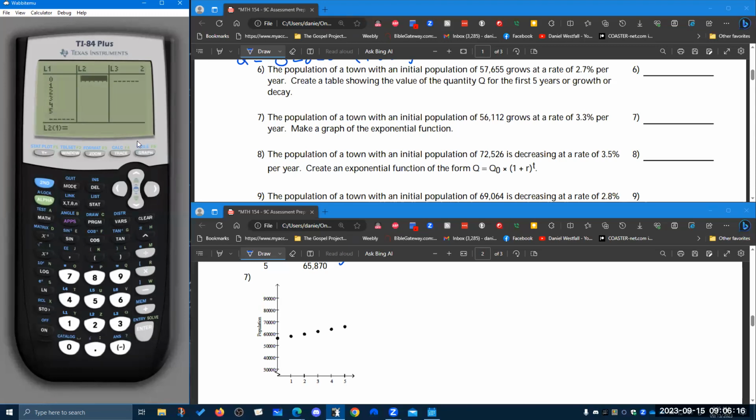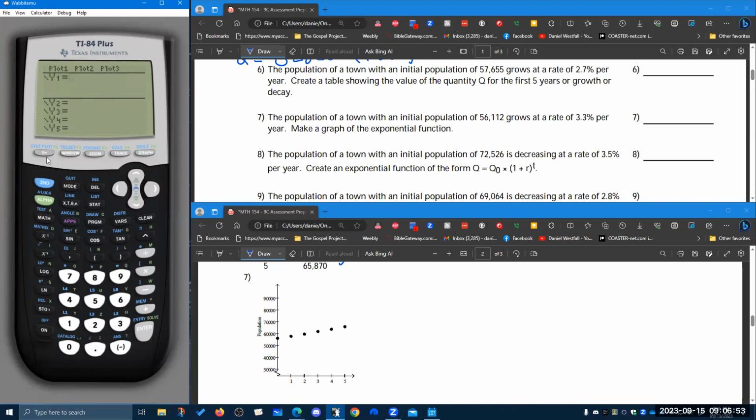And then she came here and used this model of 56,112 times 1.033 raised to the, and now instead of X, I'm going to use the number that's in my first list. That's only going to give me these data points. I'm going to get rid of my Y equals because I don't want that line there.